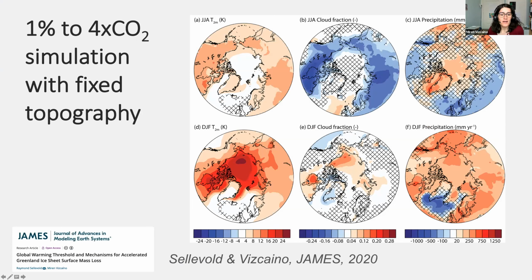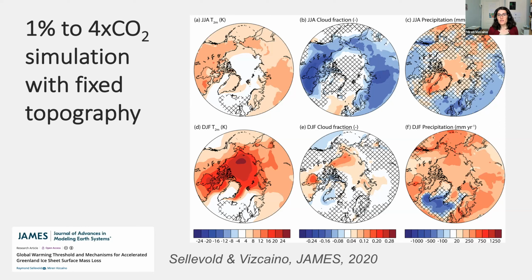Okay, so now we move to a different simulation. Here we are increasing CO2 by 1% per year until we reach 4 times CO2. This is happening at year 140, and then we keep it at 4 times CO2.